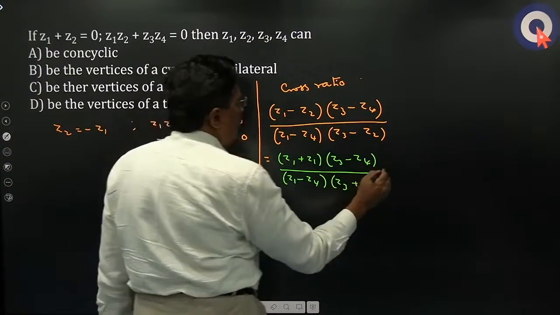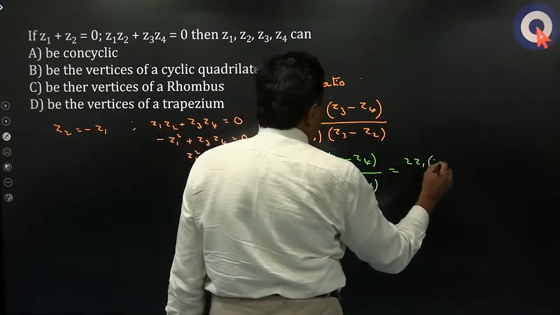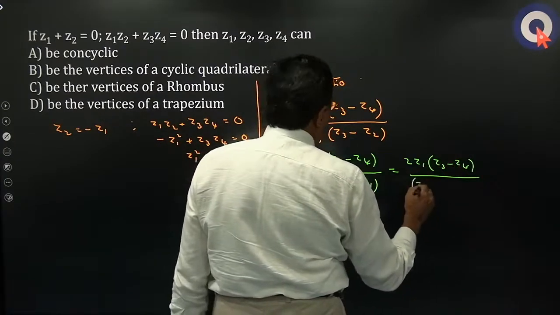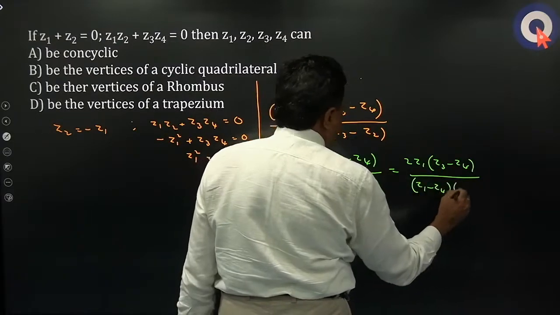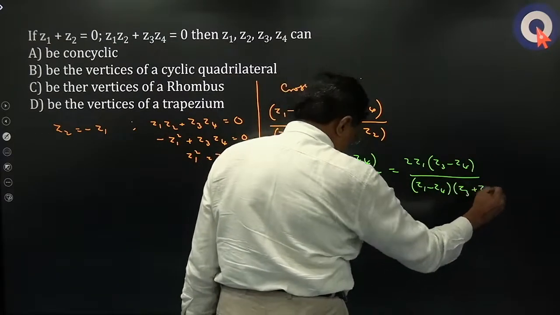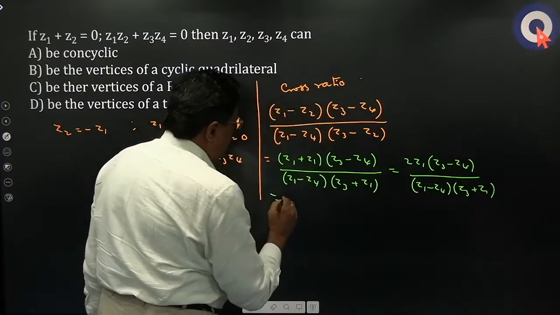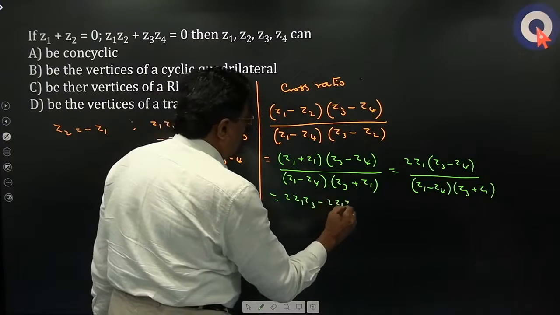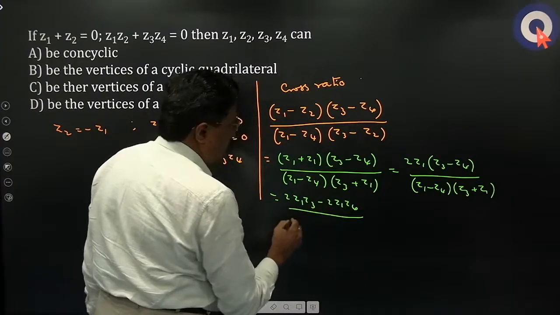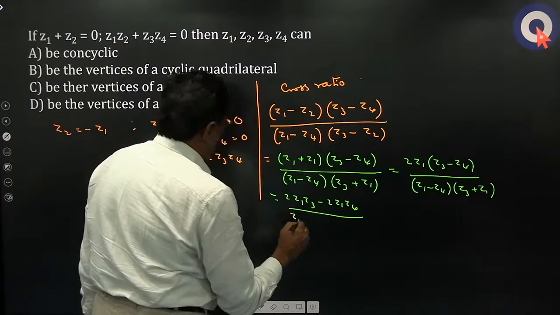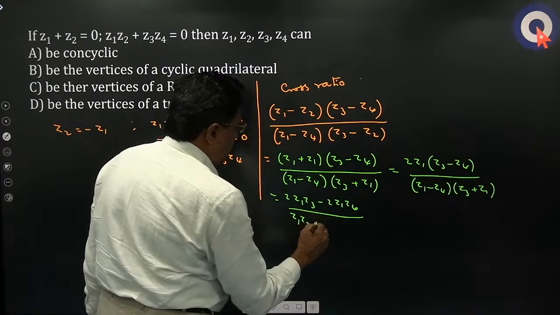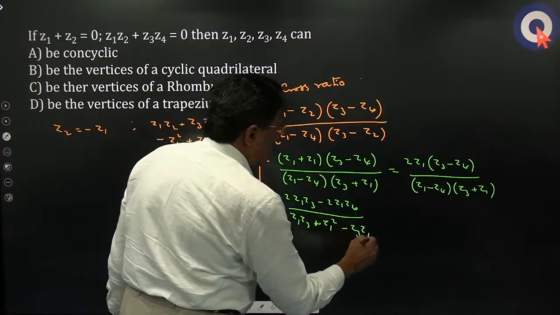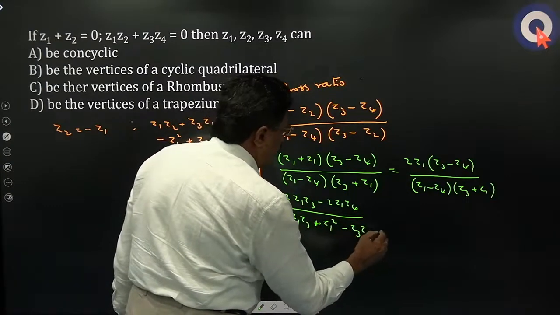So this I will write as 2z1 into z3 minus z4 by z1 minus z4 into z3 plus z1. So this is 2z1 z3 minus 2z1 z4 by z1 z3 plus z1 square minus z3 z4 minus z1 z4.